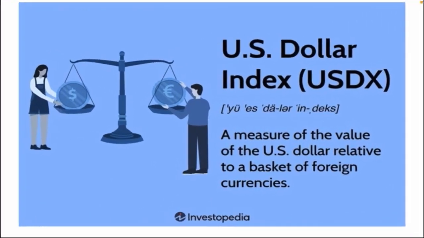Now, when you put the US dollar against other basket of foreign currencies, when we talk about basket of foreign currencies, we are talking about other major currencies. When you put them on a scale, you will discover that they rest heavily on the back of the US dollar to determine their direction.